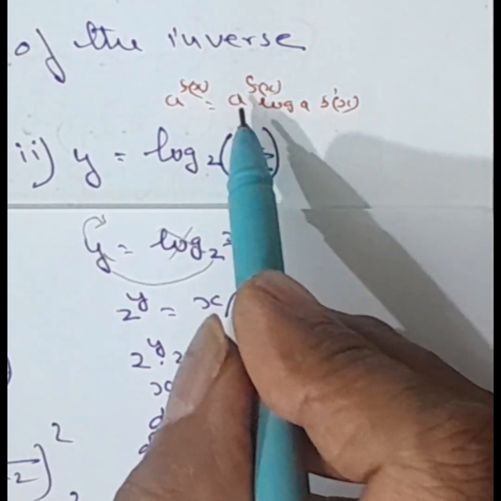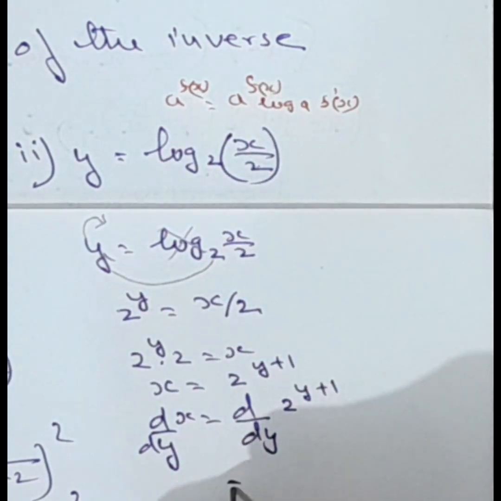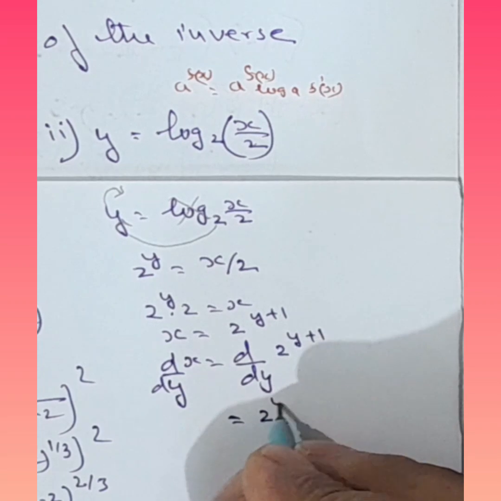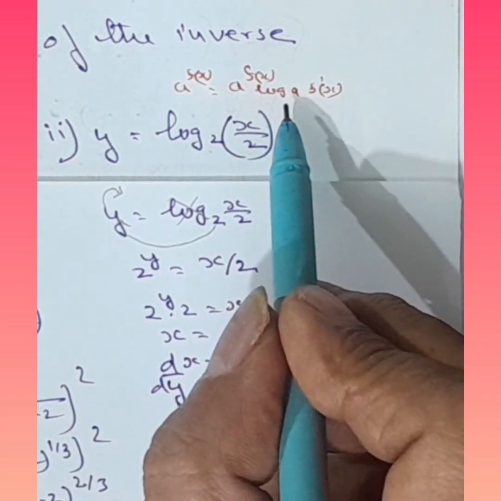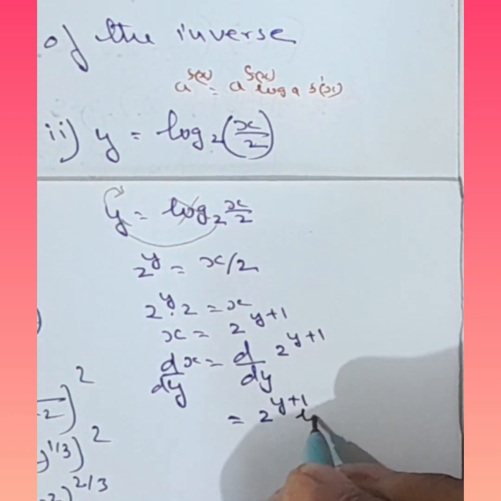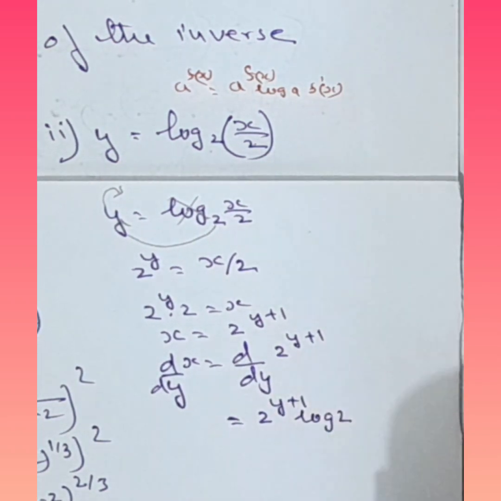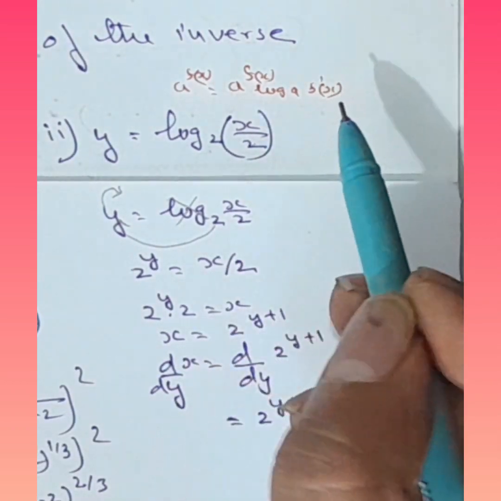So first we have got to write a raised to f(x). So that is what? That is 2 raised to y plus 1. And then log a, where a is 2, so it would be log 2. And then f prime x.